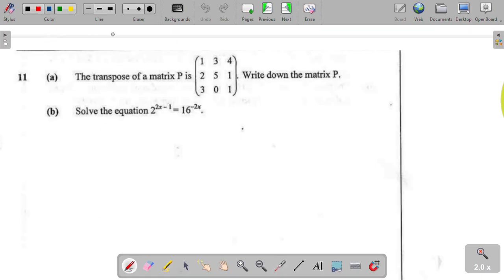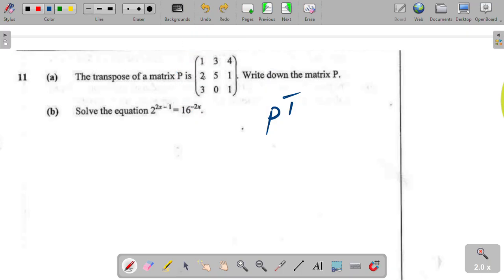When you are told to transpose, they are asking you to make the columns rows and the rows columns. Just a minute, I'll explain what that means. Transpose is denoted by this symbol. This is the transpose you have been given here.